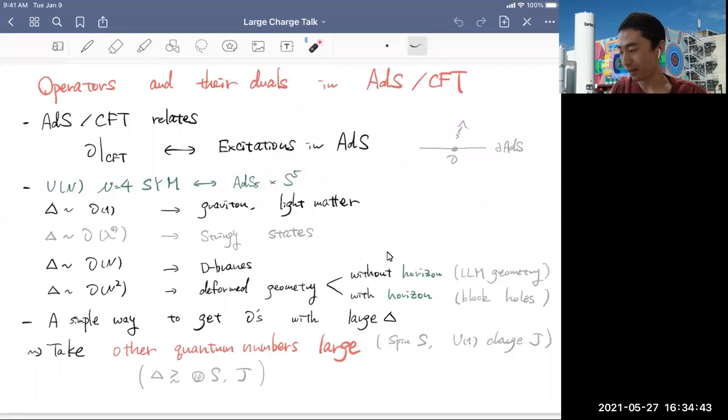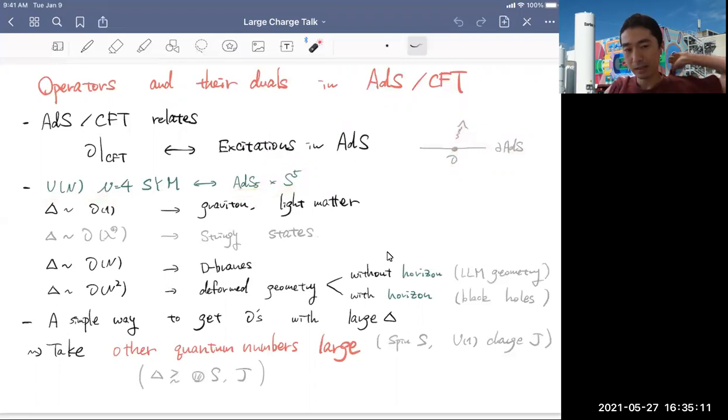This is a cartoonish picture in which you insert the operator at the boundary of AdS, and that emits some particle or excitation in the bulk of AdS spacetime. To be concrete, let's discuss N=4 super Yang-Mills theory with U(N) gauge group, which is dual to quantum gravity or string theory in AdS5 times S5 spacetime.